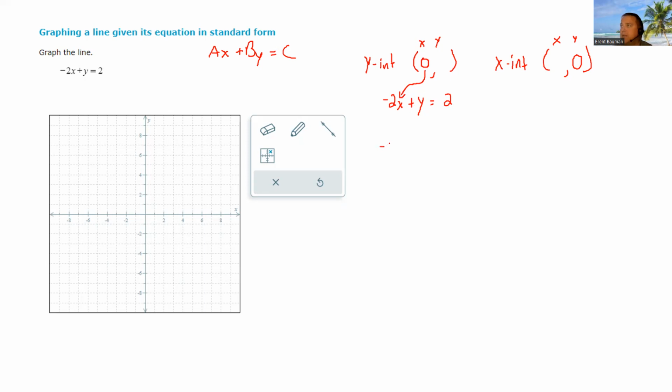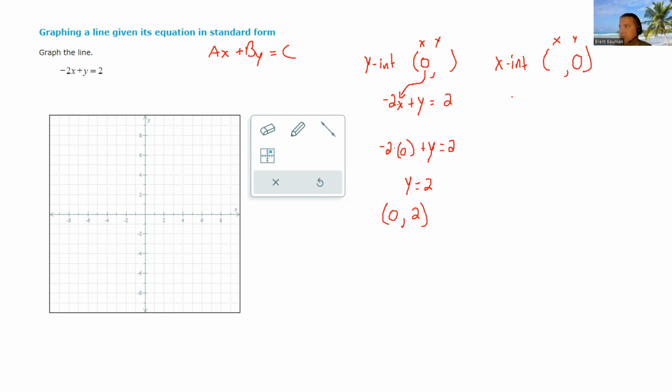So I get negative 2 times 0 plus y equals 2. Now, when we have anything times 0, we get 0. So this just tells us y equals 2. So one of our ordered pairs is that when x is 0, the y value should be 2. Okay, so there's one ordered pair.